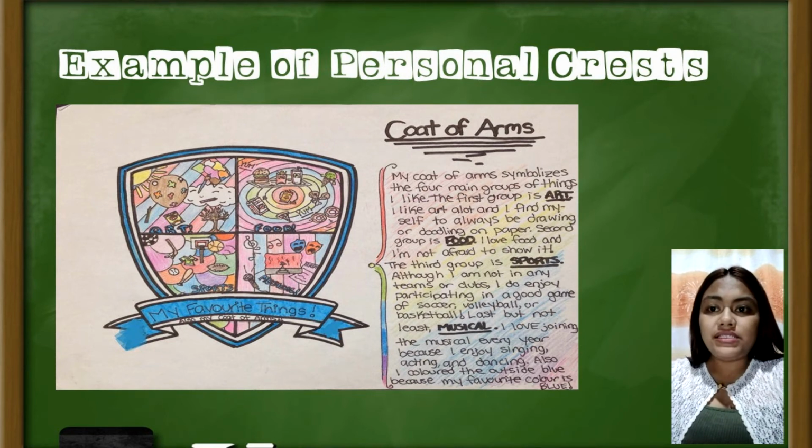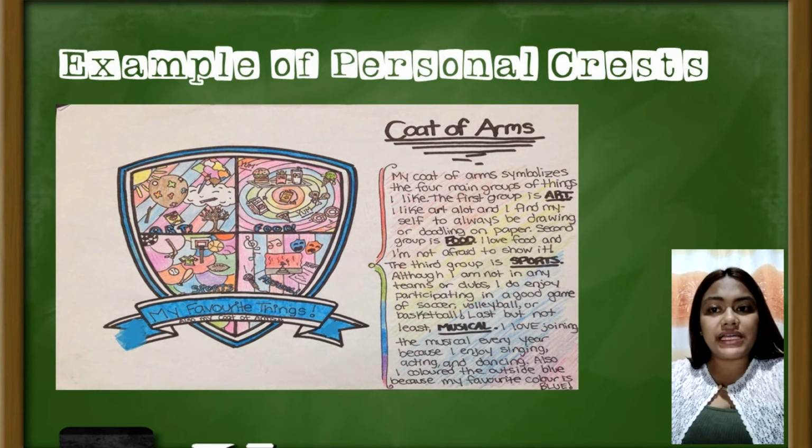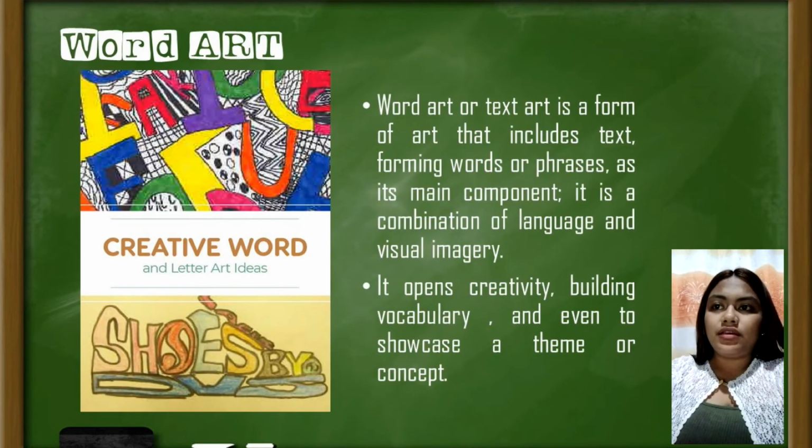Last but not least, musical. I love joining the musical every year because I enjoy singing, acting, and dancing. Also, I colored the outside blue because my favorite color is blue. As an educator, we are in charge of opening the creativity that lies within our learners.